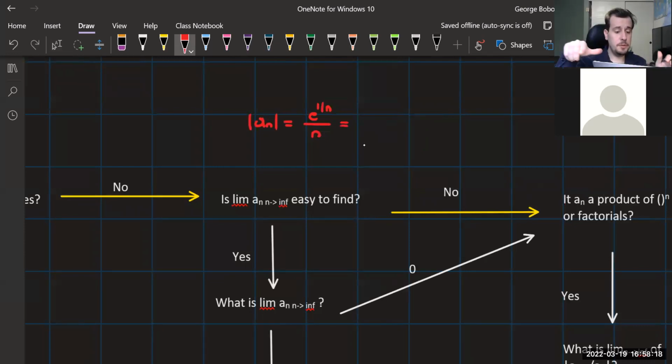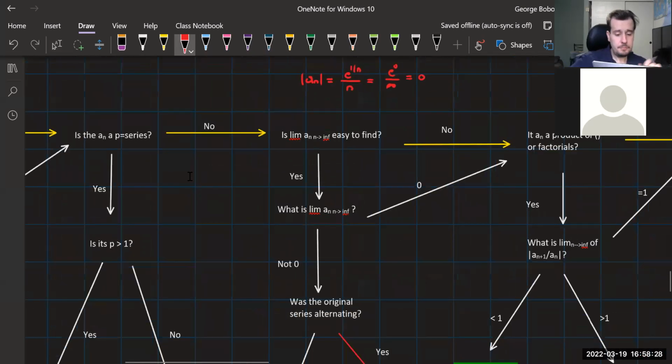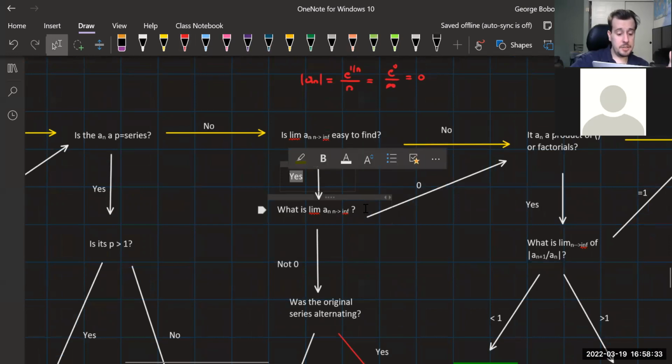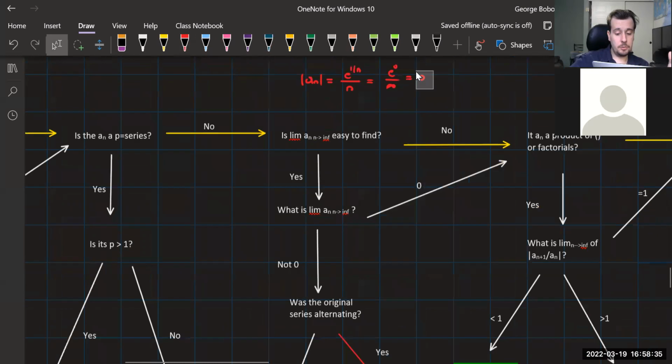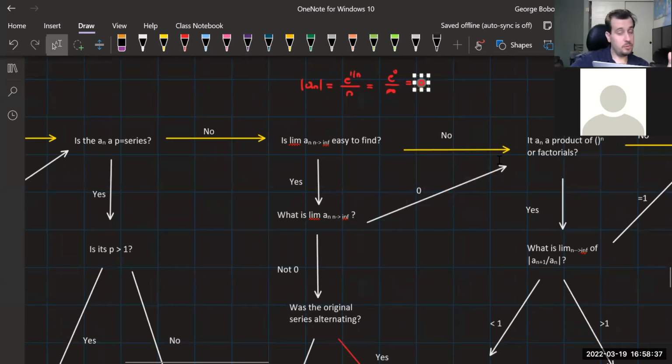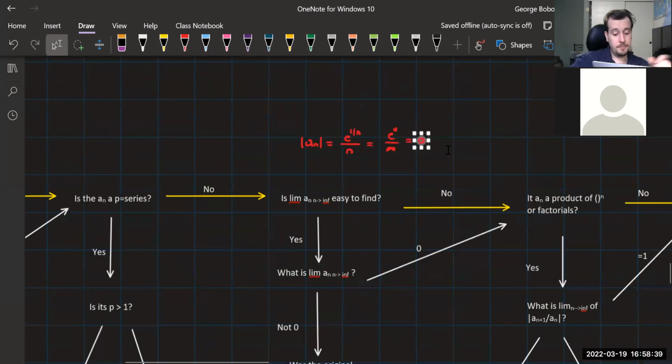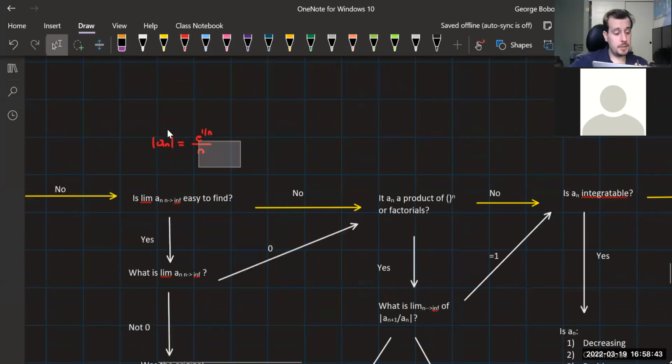If I took n to infinity right now, on the top I get e to the 0, and on the bottom I get infinity. That's 1 over infinity, which equals 0. So we answered yes here. It's easy to get the limit. And what is the limit? 0. So we're moving on to the right. We're actually not going down here. Yeah. So unfortunately, that was inconclusive, the divergence test.